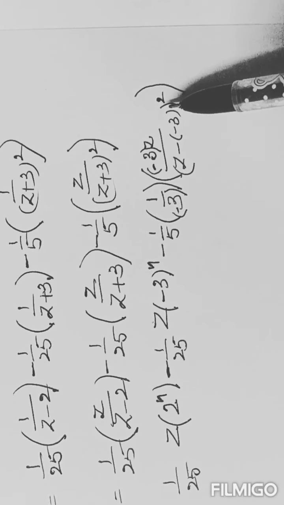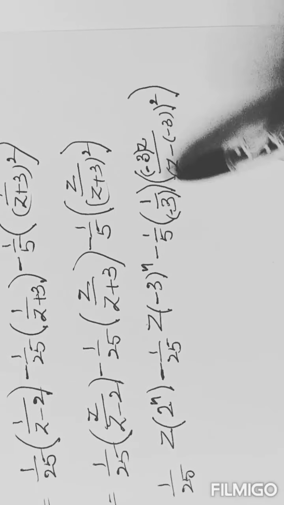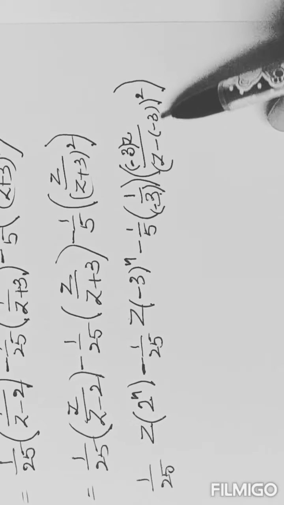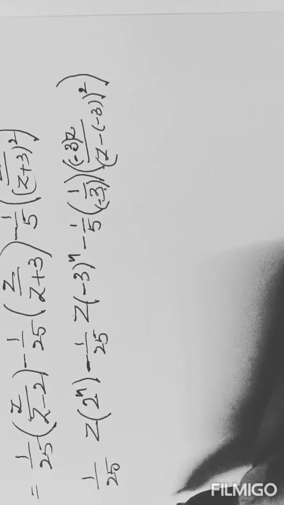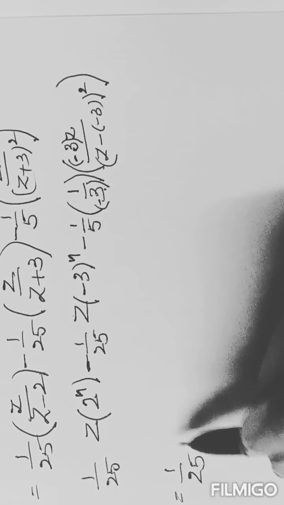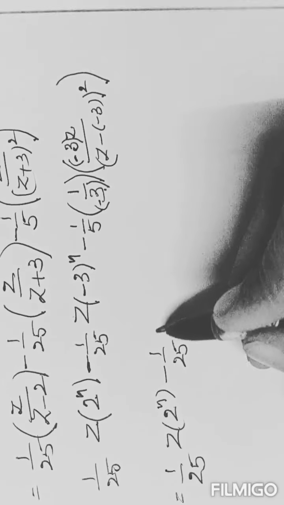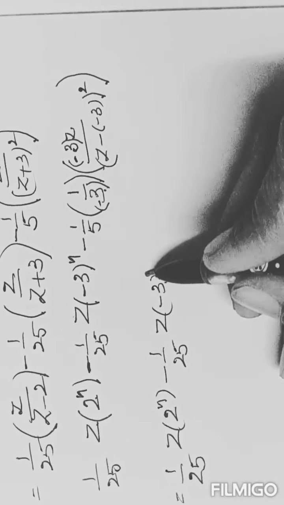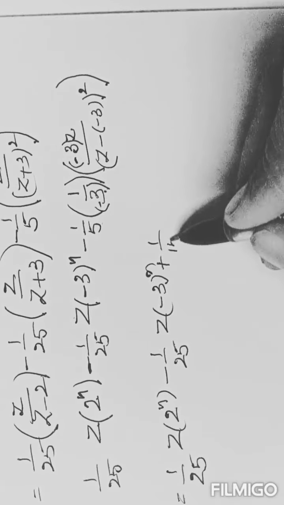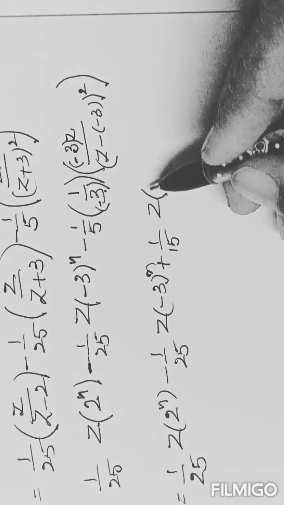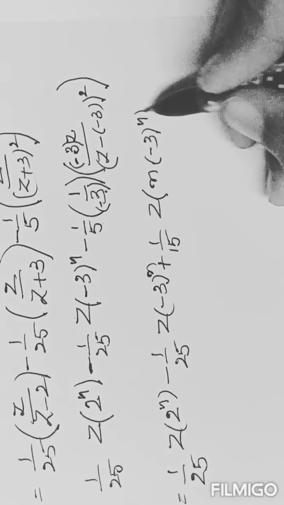To get that, I have multiplied both numerator and denominator by the number minus 3. Now we can write the corresponding Z transform form: 1 by 25 Z transform of 2 power n, minus 1 by 25 Z transform of (minus 3) whole power n, plus 1 by 15 Z transform of n into a power n, where a is minus 3.